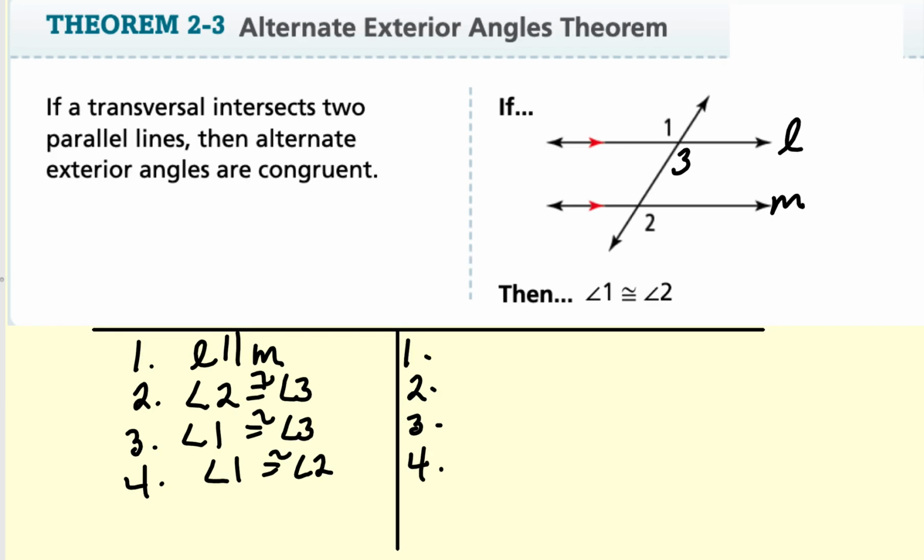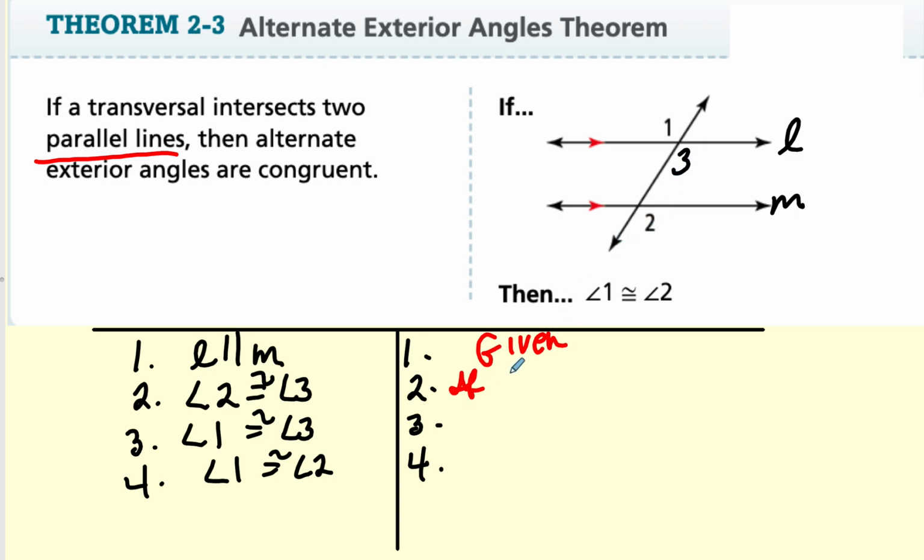And here's our last proof. We want to show that when we have parallel lines, and again we know we have parallel because of these arrows, we'd like to prove that alternate exterior angles are congruent. So first step is given, we have parallel lines, and 2 and 3 are corresponding.